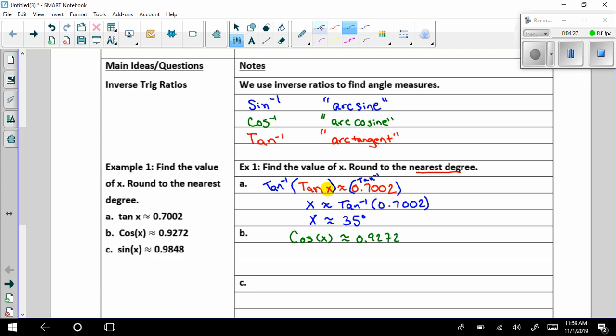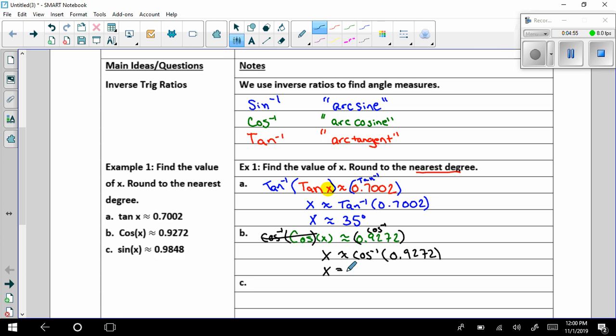All right, so to cancel out that cosine, we take the inverse cosine, or the arc cosine, and what you do to one side, you do to the other. So those cancel out, and x is approximately the inverse cosine of 0.9272.